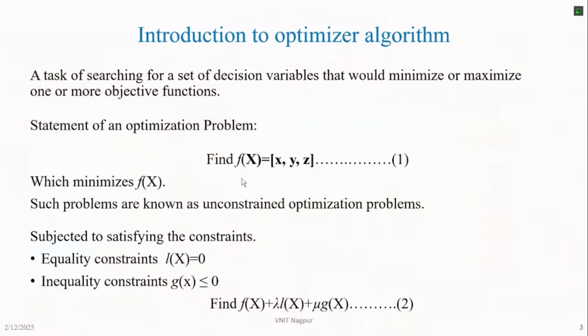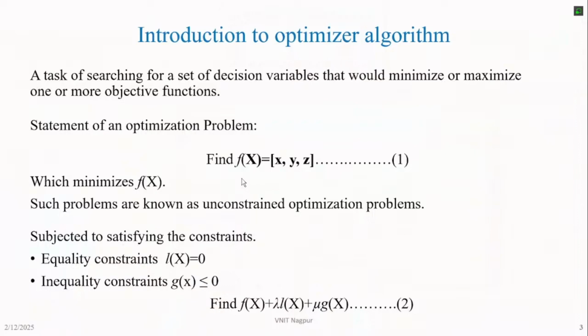Generally for solving any optimizer algorithm, we can go for the derivative based methods, which are known as classical methods. If we take the first order derivative of the objective function with respect to the decision variable and set this value equal to 0, then we will identify the specific value for the decision variables. Based on that we can calculate the optimal value.